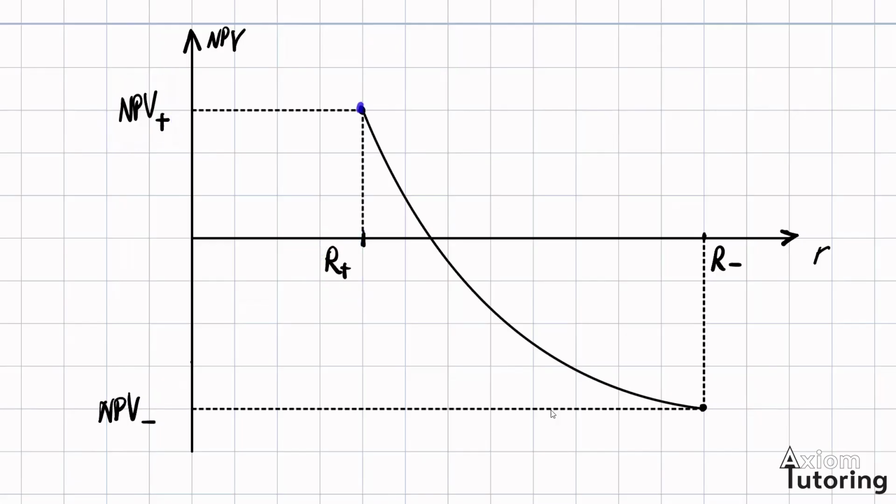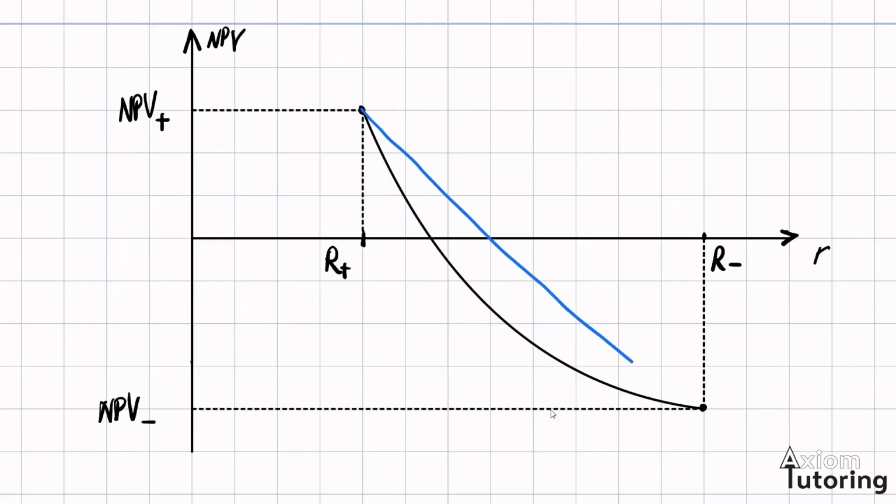So now we have 2 dots over here. Okay, so we know the relationship between the NPV and R is most likely a downward sloping curve, and it's not a straight line, but we can approximate this curve by forcing it to be a straight line.